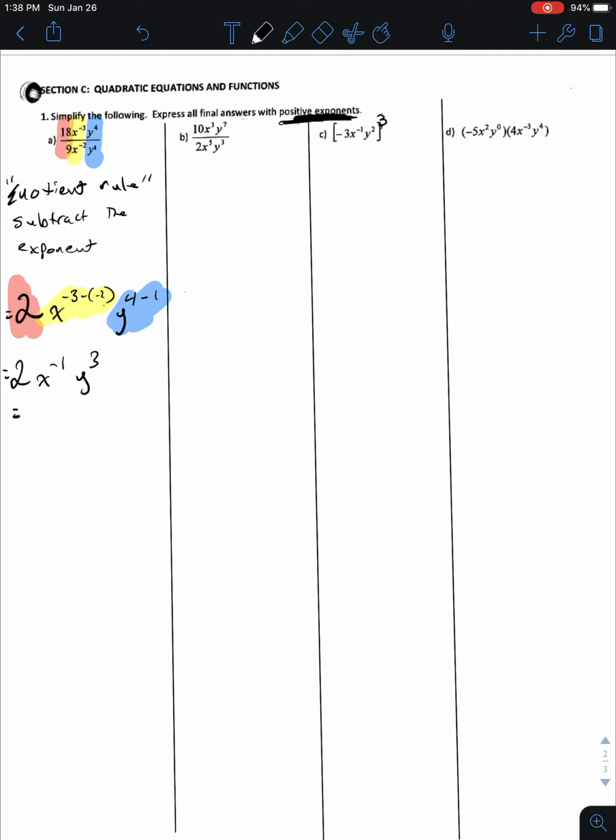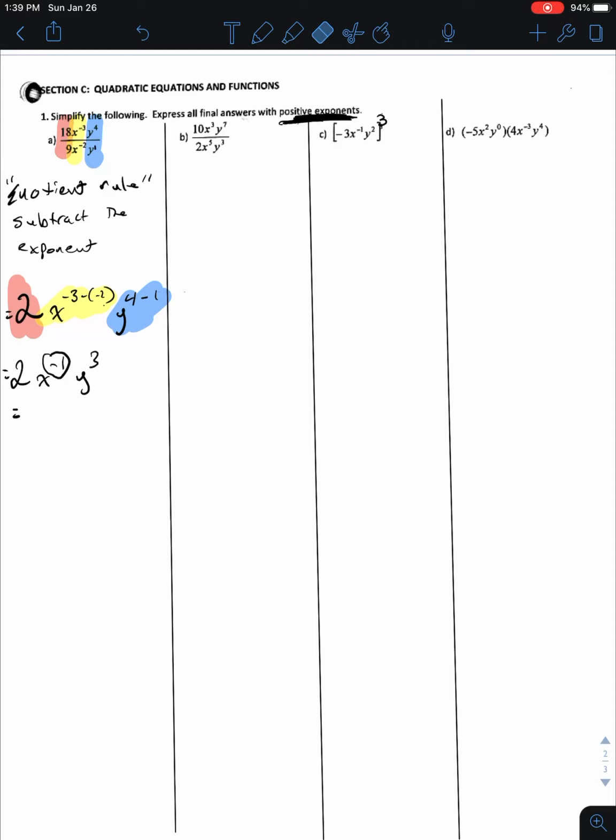Now, last part of this question, I see a negative exponent, not allowed. How do you get rid of negative exponents? Anytime you have a negative exponent, do you remember when I showed you sine inverse? That was 1 over sine, because it's dividing.